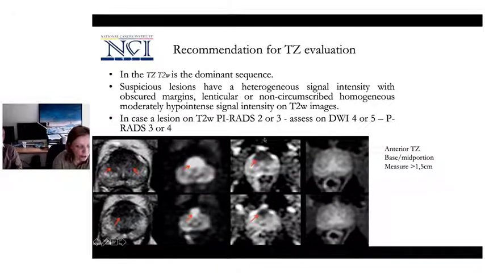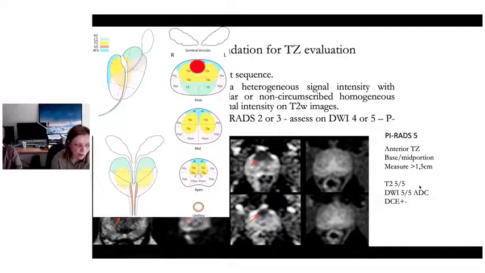So here we have a very clear lesion in the frontal part of the prostate, in the anterior transition zone, base and mid of the gland, and it measures more than 15 millimeters, so it's easy, it's PI-RADS 5, and we put in the schema where the lesion is located.